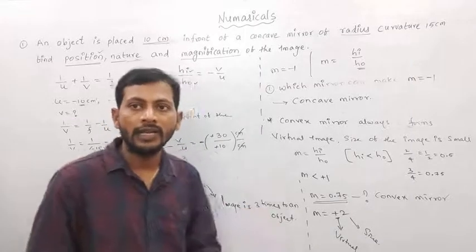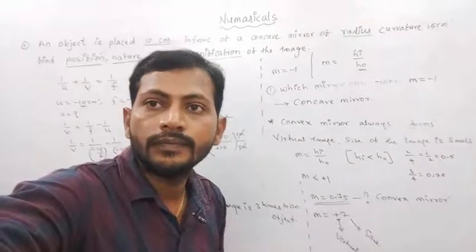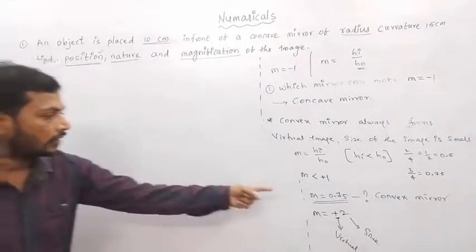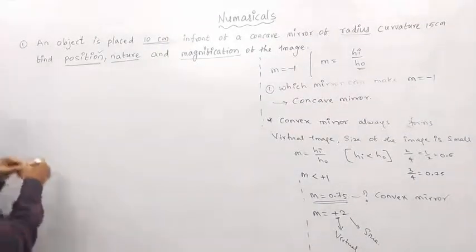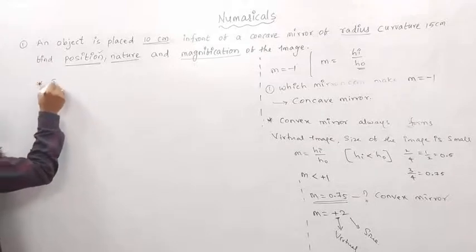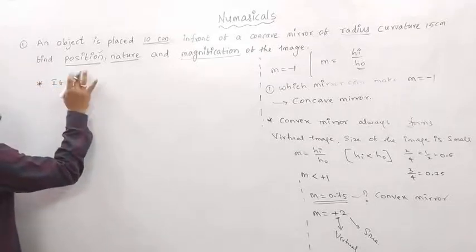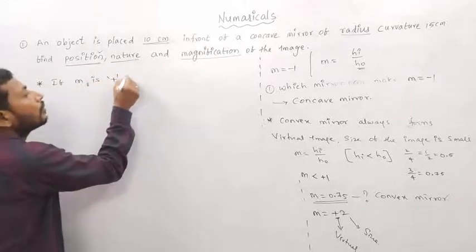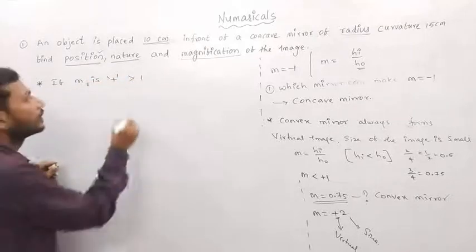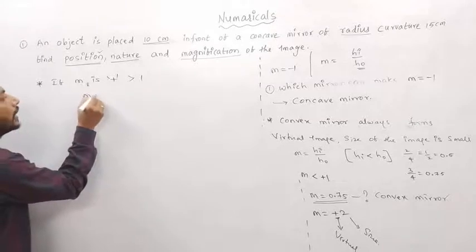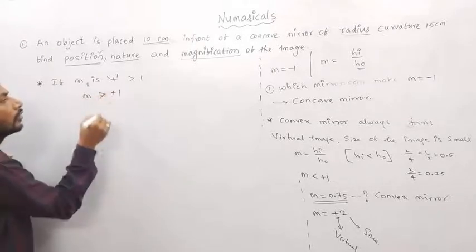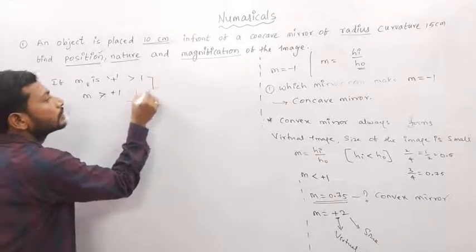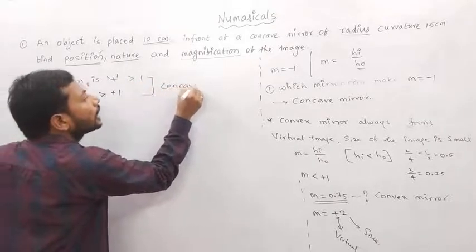That point also I will write here. One second, children. Okay, I will write this here now. If M is positive, more than 1, that means M more than +1, it gives a concave mirror.